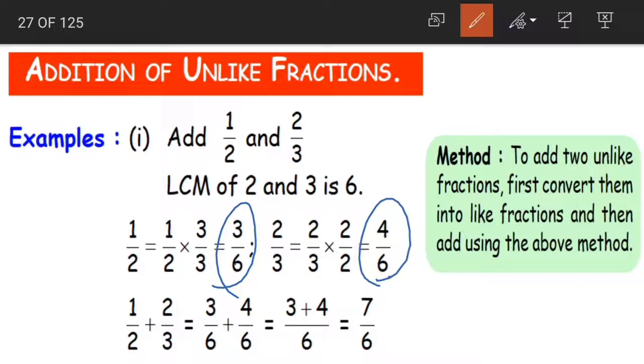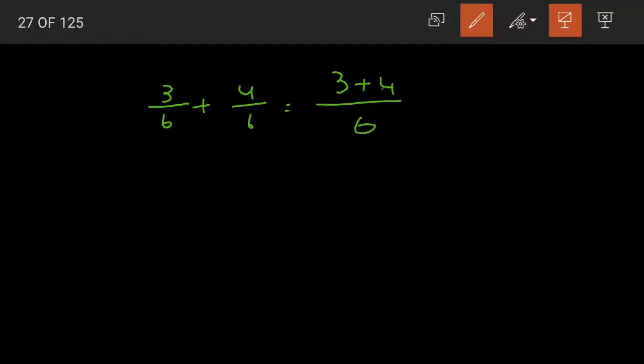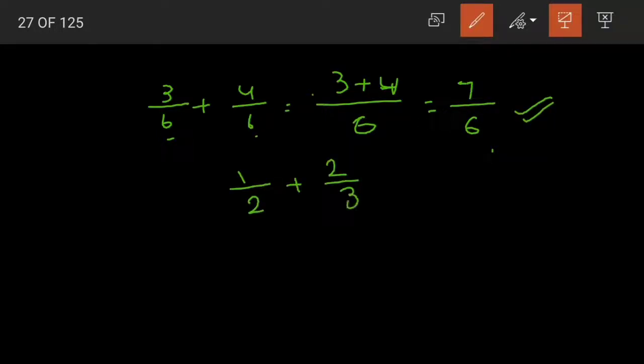Now we know how to add two like fractions, right? 3 by 6 plus 4 by 6 is equal to, add the numerators and take the common denominator. 3 plus 4 is 7 divided by the common denominator 6. So the addition of the given two unlike fractions, 1 by 2 plus 2 by 3, is equal to 7 by 6, children.